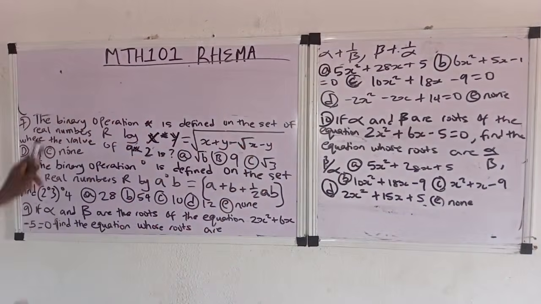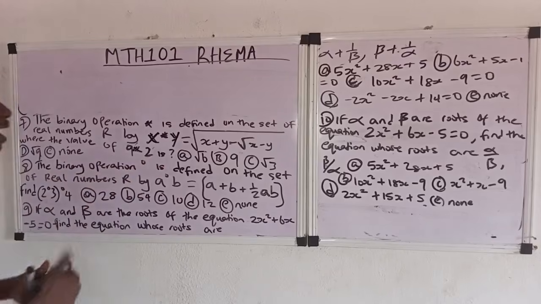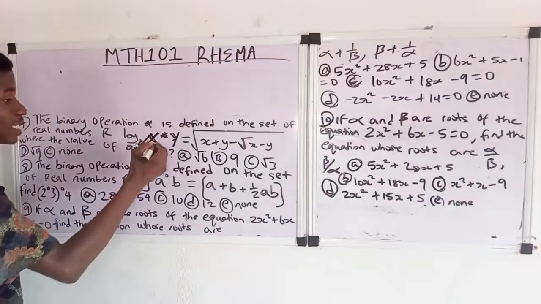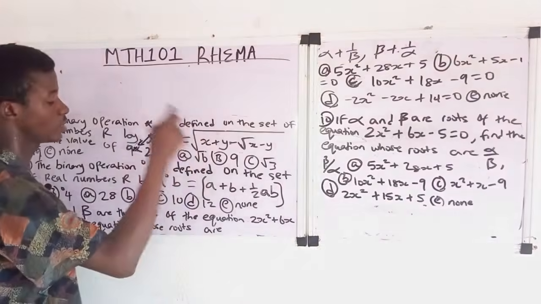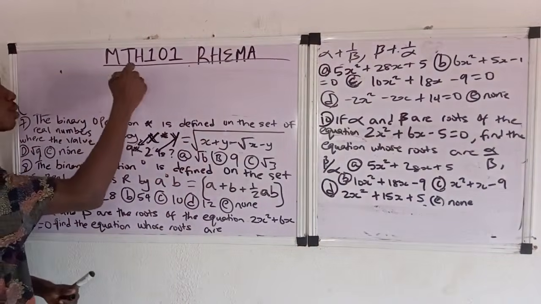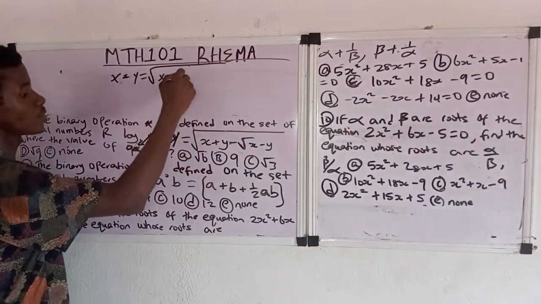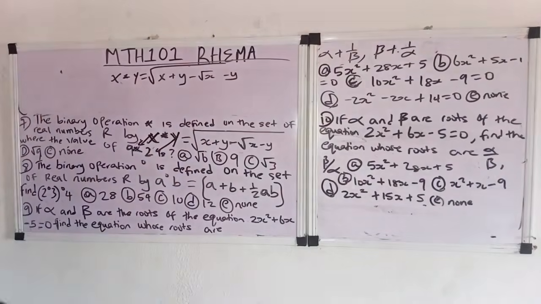They said find the value of 9 operation 2. So just like the one we did earlier, let's say that x is 9, y is 2. So wherever we see x, we put 9. Wherever we see y, we put 2.